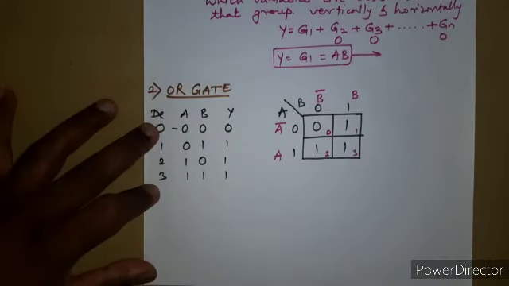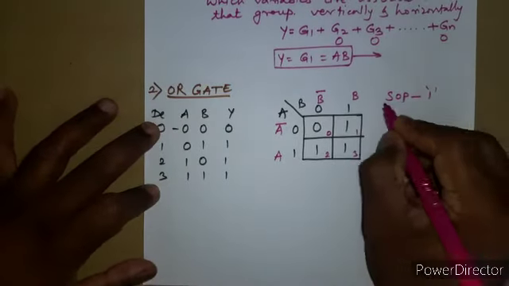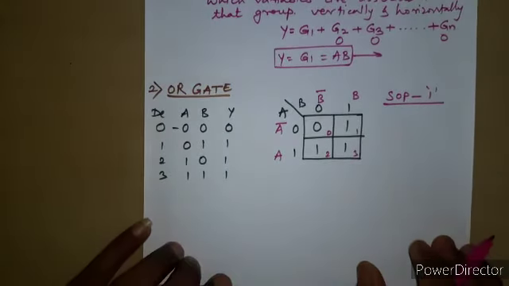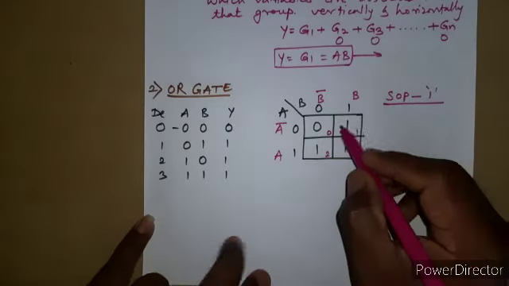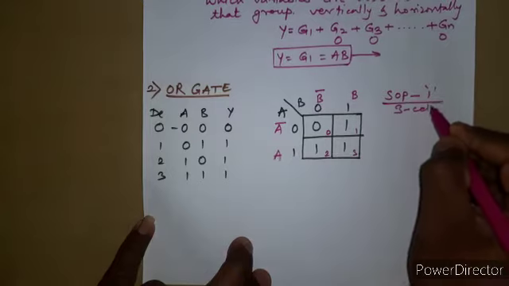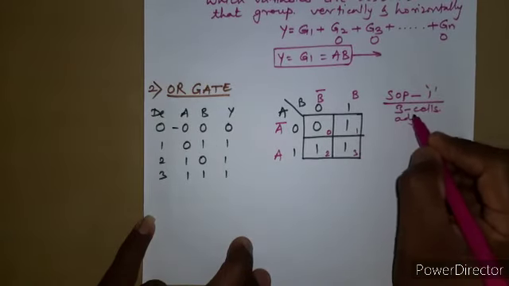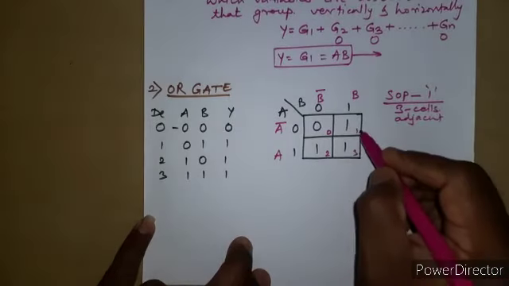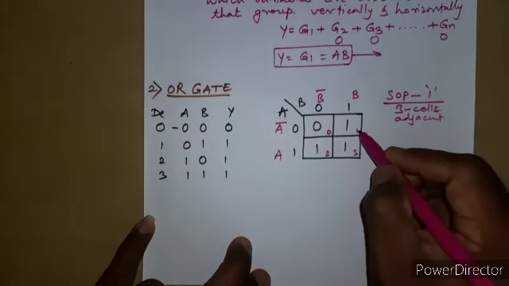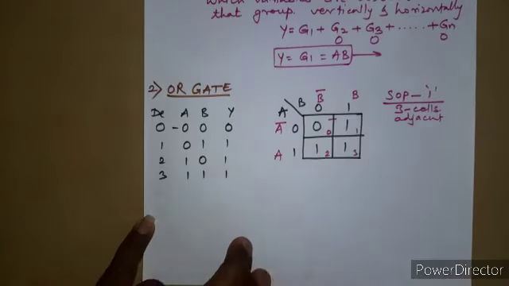Now since we are considering SOP, we need to look for the cells which have entry 1. Now how many cells do you see with an entry 1? 3 cells. Now here you have to find adjacent cells. Consider the first block first. Is this 0th cell adjacent?